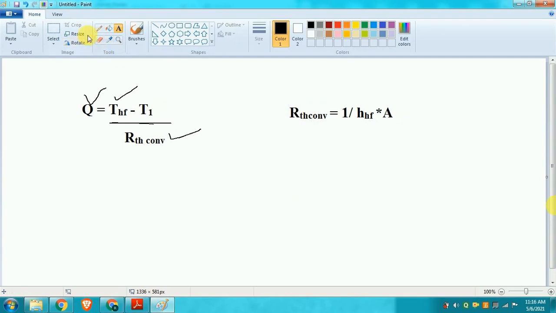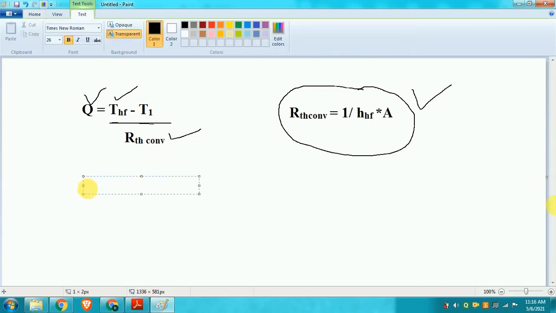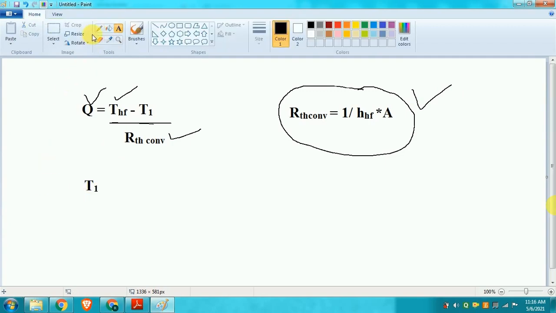So this is for the first layer, inside layer. You have to find out this, substitute here, find out the value of T1. So Q value you need not find once again, that will be same. So you have to find out for this.